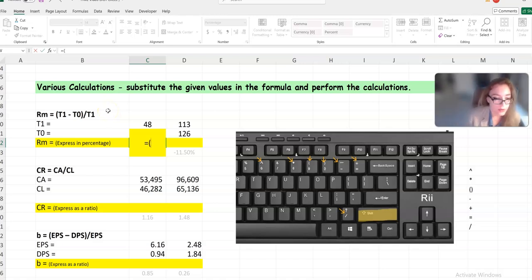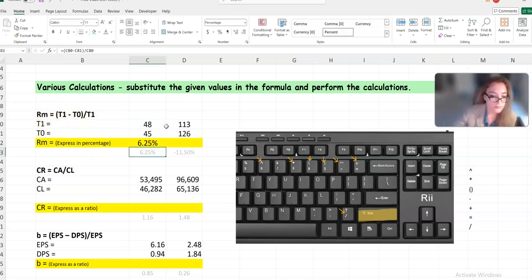Shift parenthesis open, then value T1 minus value T0. So here it's C81. Then press the divide sign and divide all this by T1. Yeah, we get the right result.